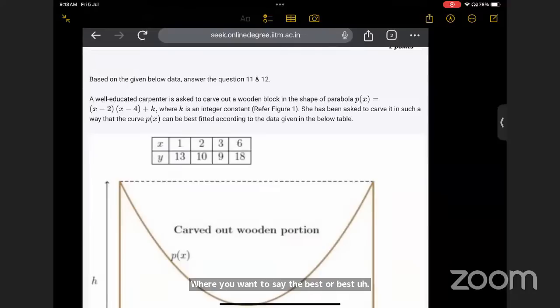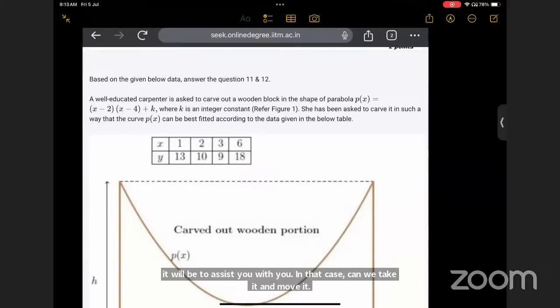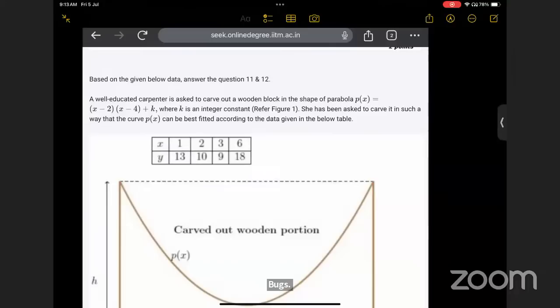In that case, can we take it and move forward? No. If we want to find the best fitting, then the error must be 0, or at least it should be nearer to 0. If it is not possible to be 0, then it should be very close to 0, right?